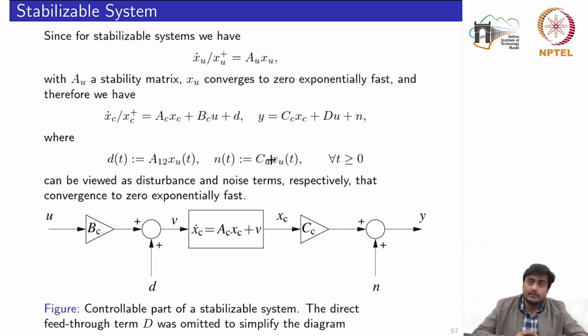So if we want to test for the stabilizability, or let's say if the controllability test has failed and we want to check for the weaker condition of stabilizability, there are two steps. First we do the decomposition, and then we see whether the uncontrollable states are stable or not. Okay, so there are two steps to verify whether my system is at least stabilizable.